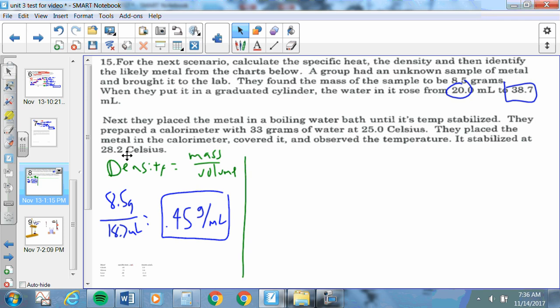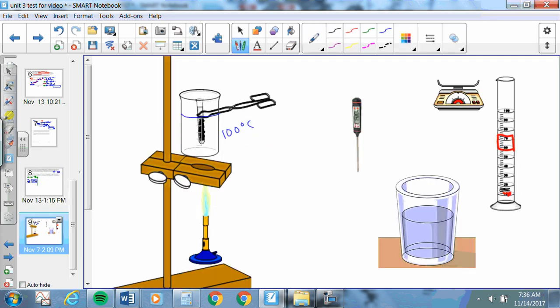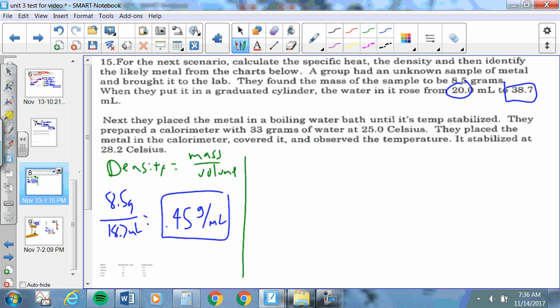The next part, place the metal in a boiling water bath until its temp is stabilized. They prepared a calorimeter with 38 grams of water at 25. I could go and do this. They said 38 grams. They said it's at 25 degrees Celsius to start with. This, they didn't tell us, but I know that it's a boiling water bath, so it's 100 degrees Celsius.